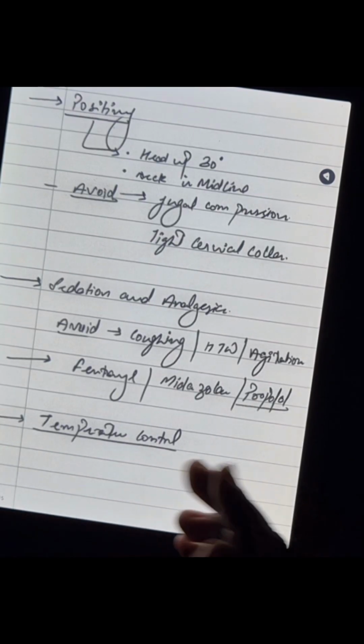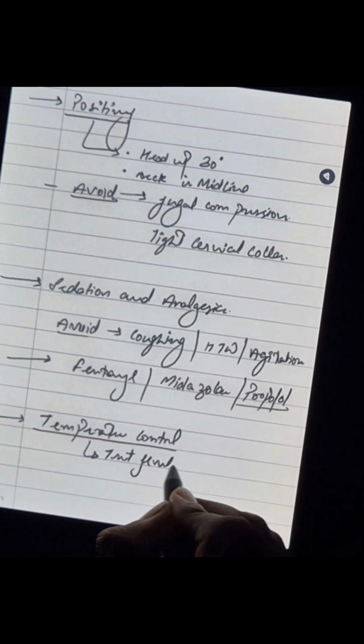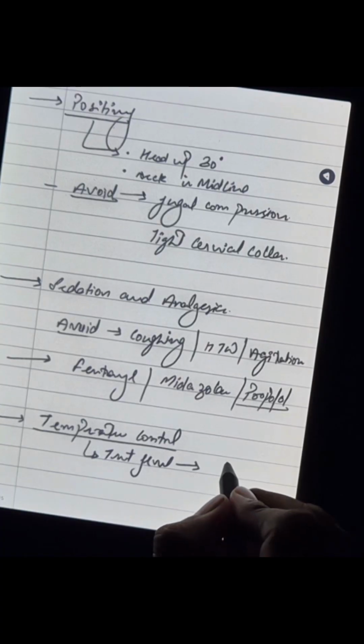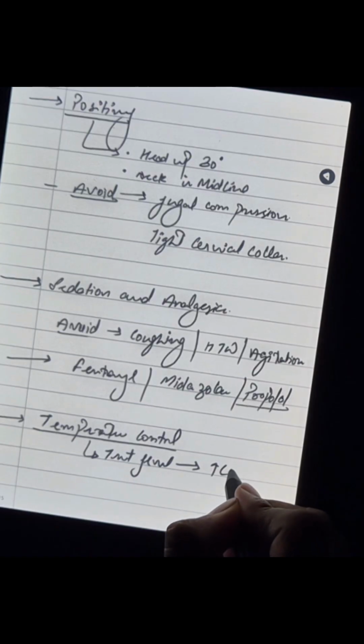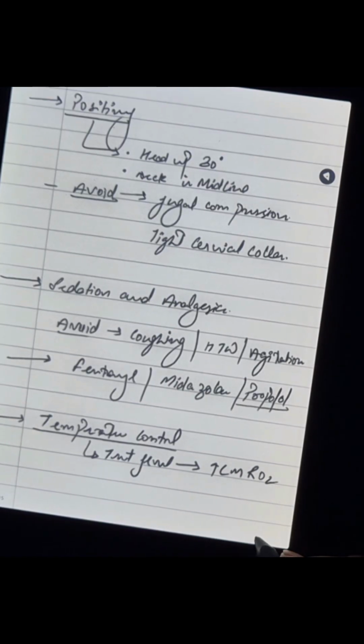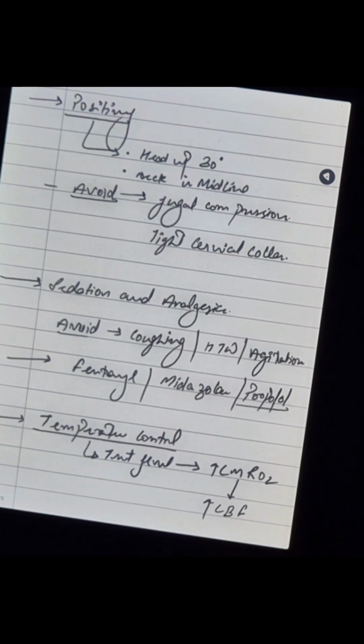If these patients have fever, then we have to treat the fever, because raised temperature can increase the cerebral metabolism rate of oxygen, and whenever there is an increase in the cerebral metabolic rate of oxygen, there is also an increase in the cerebral blood flow. Whenever there is an increase in the cerebral blood flow, the ICP rises. So we have to treat the fever if the patient has fever.